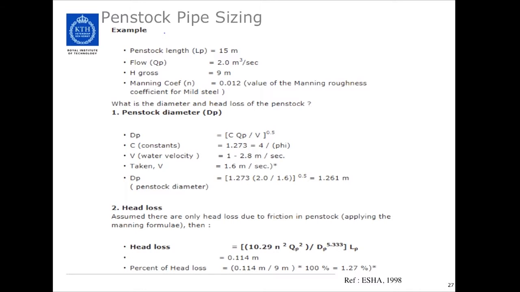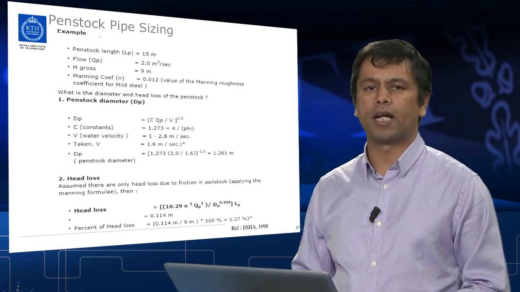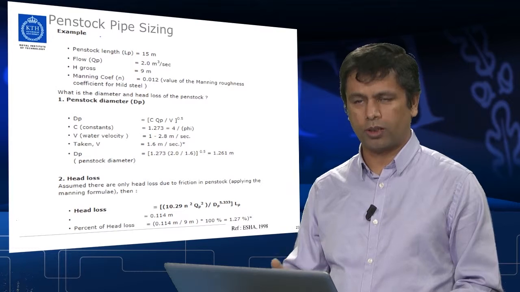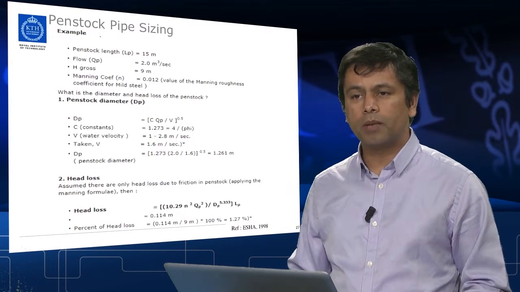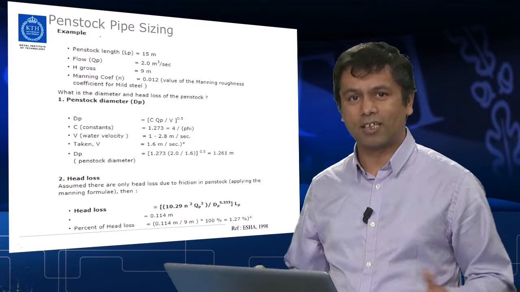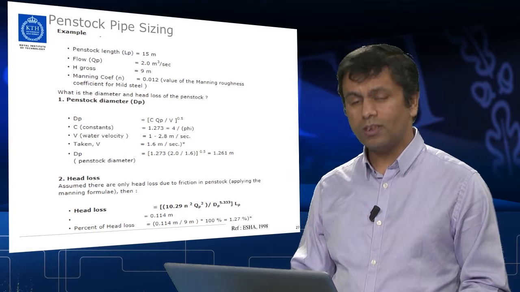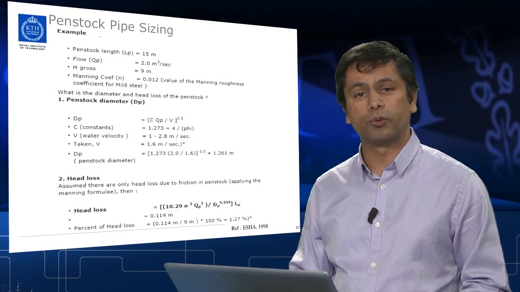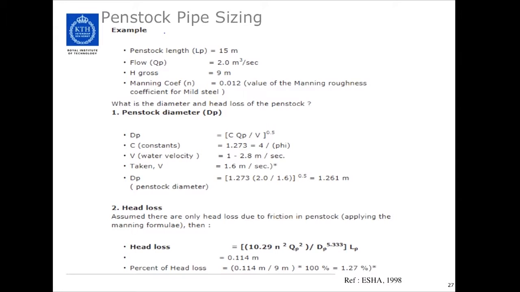The next thing after calculating the diameter is to see how much head loss there will be if you choose this penstock pipe. If you have a shorter pipe, this calculation may work. But if you have a longer length and longer head, this particular selected diameter might not work. So in that case, we need to check the head loss with the given diameter.